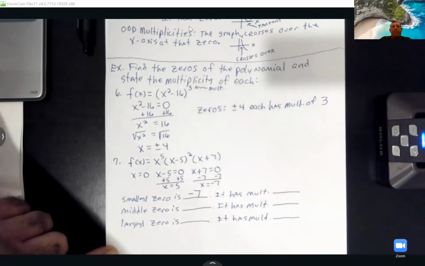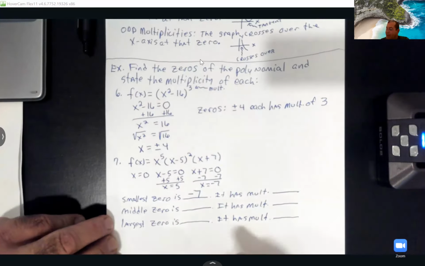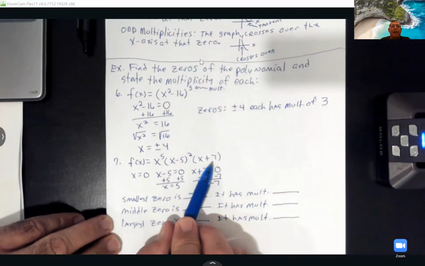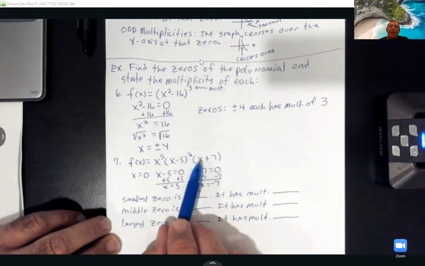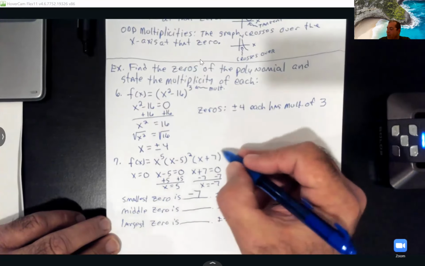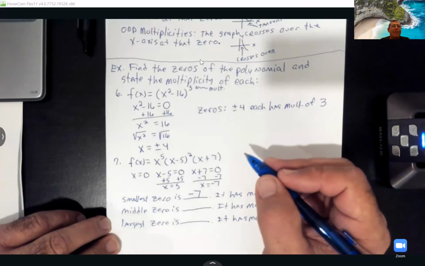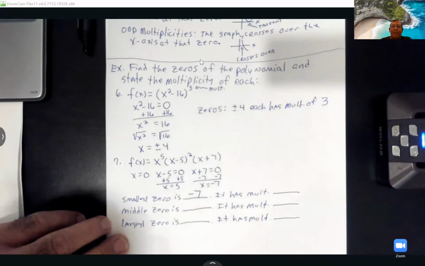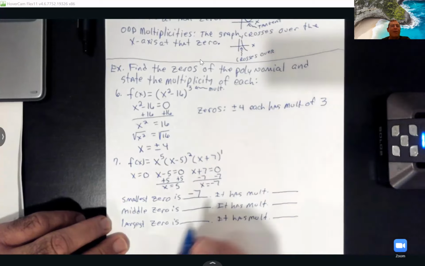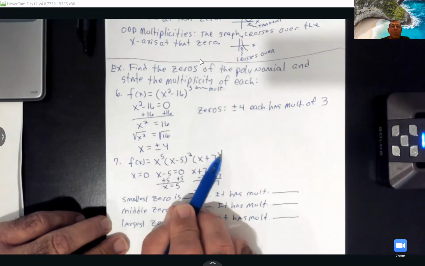So here's the question. I'm going to leave that chat open for you. If -7 is the smallest zero, what is its multiplicity? Because it came from this factor. Oh, you're on the right track, but remember, it's not a 0 that's not here. What number did we say would be the exponent if it wasn't shown? Because remember, you don't have 0 of these, you at least got one of those, right? So y'all remember, if there's not an exponent out here, we got to treat it like a 1.